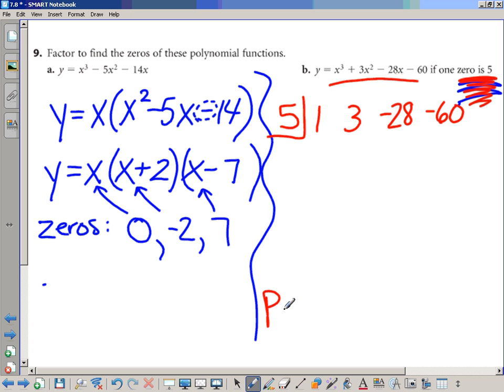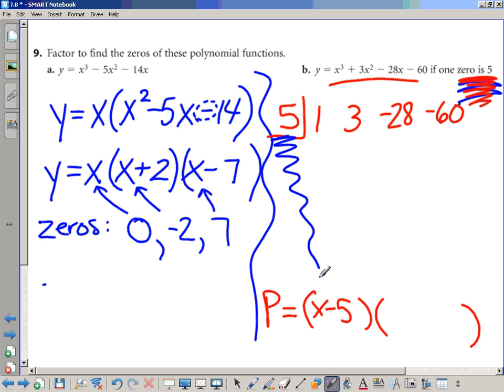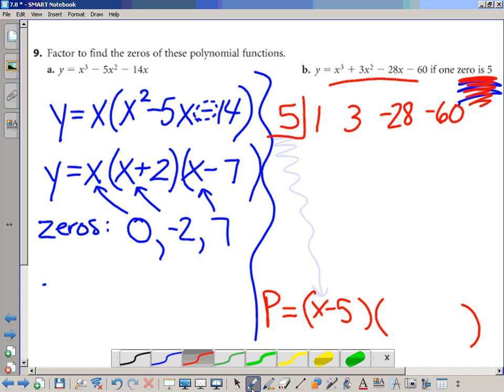So this polynomial p that we started with can be broken down into x minus 5 times, we don't know. We're trying to find the we don't know right now. I know that x minus 5 is a factor because 5 is one of the zeros. If 5 is a 0, then x minus 5 is a factor.